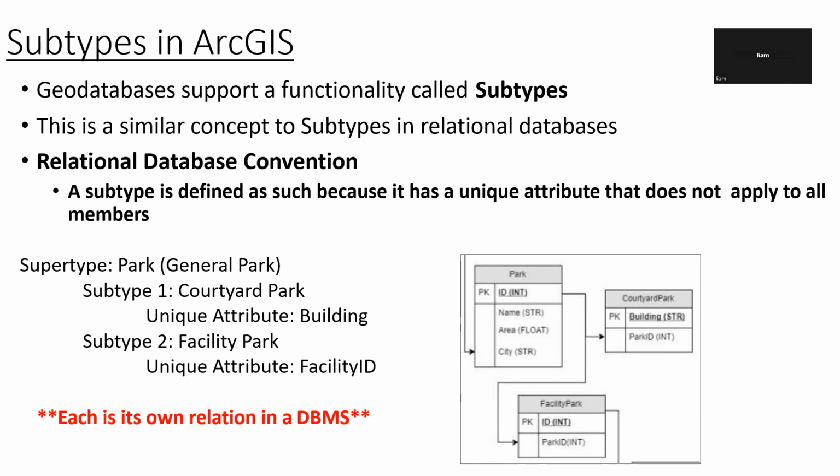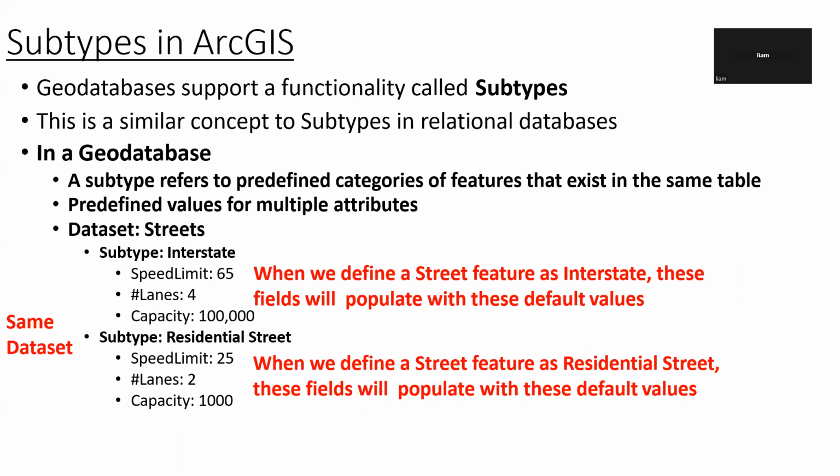But so this is subtype in a relational database, but in ArcGIS it's a little bit different. So in ArcGIS, compared to a relational database, the difference is this way. In a geodatabase in ArcGIS, a subtype refers to predefined categories of features that exist in the same table.